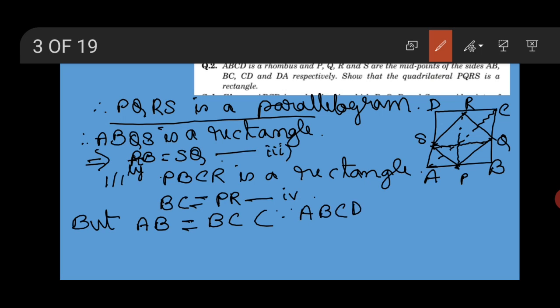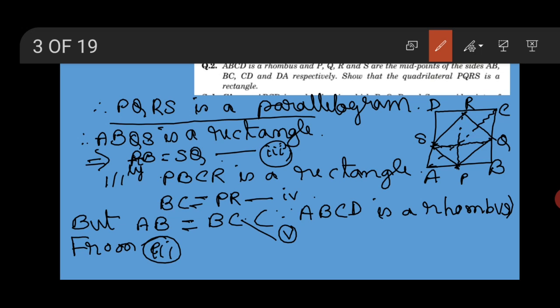But we know AB is equal to what? BC, because ABCD is a rhombus. All sides are equal in a rhombus. Take this as equation number 5.